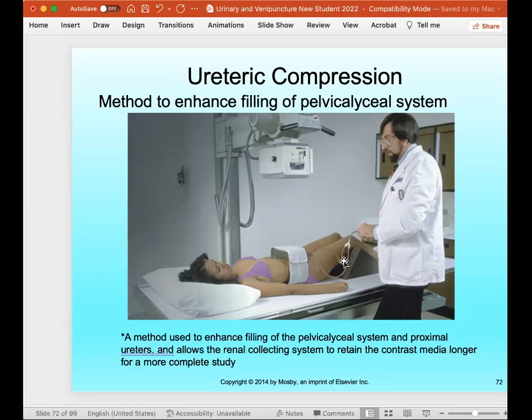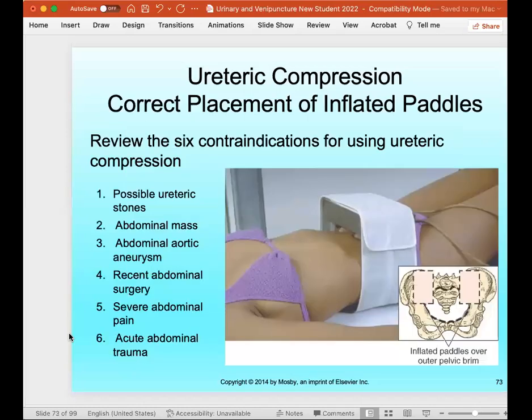We want the contrast media to stay in that area for a longer period of time so that we get better images. And this is the method that we use. It's called ureteric compression.